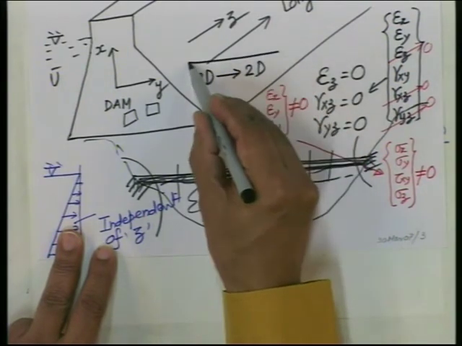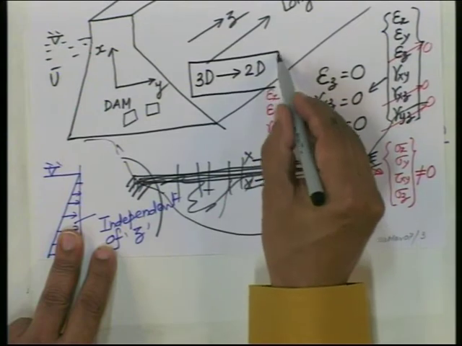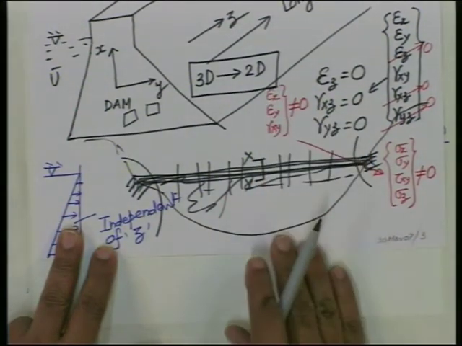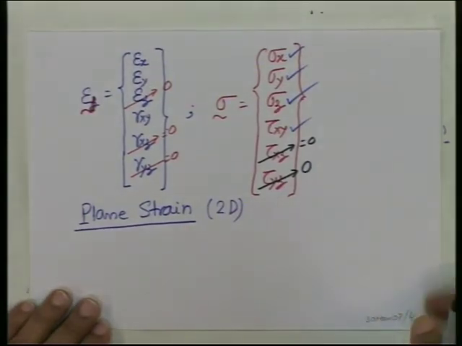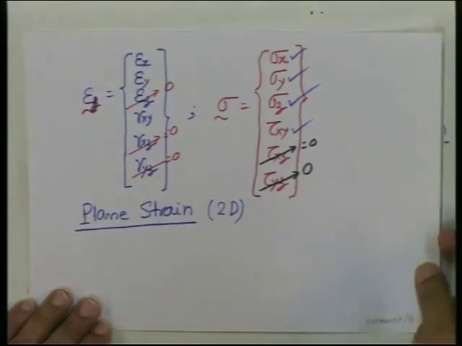Here also, you need not analyze a 3-dimensional problem of the dam, but only a 2-dimensional problem, and you can get most of the quantities for design. The last one that I told you last time, I have already explained very clearly.